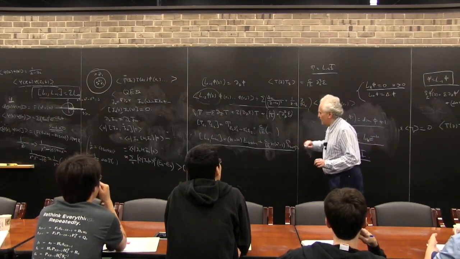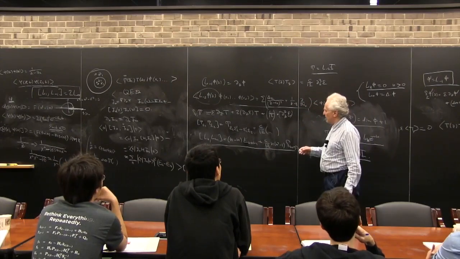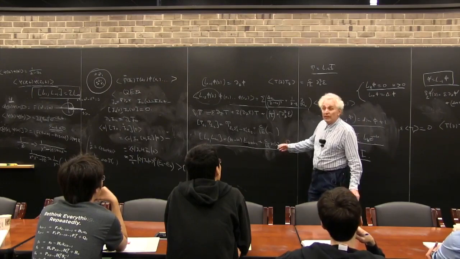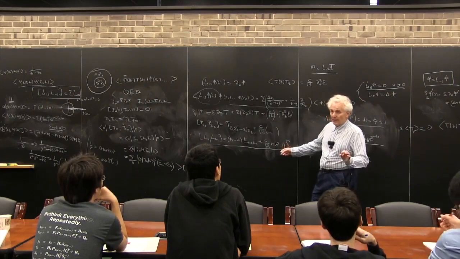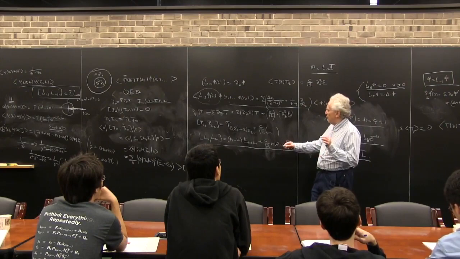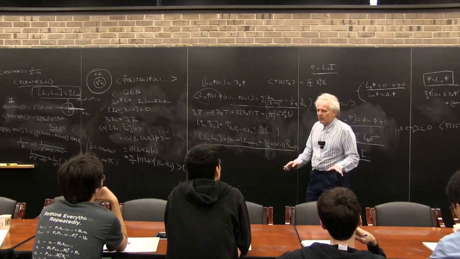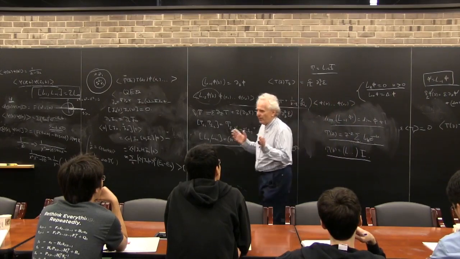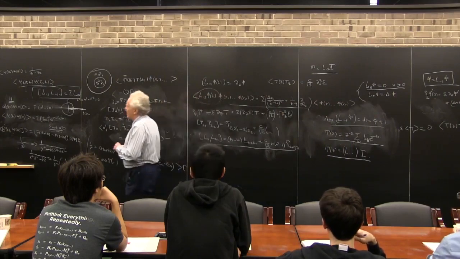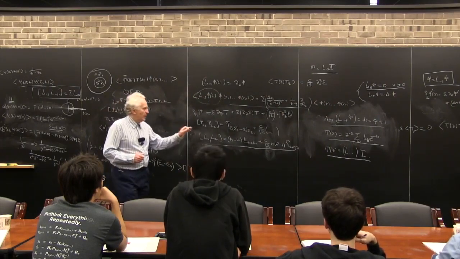Gelfand and Fuchs derived it, and it's unique. That's what I'm saying. If you try something else, it will not work. Why? What will fail? The Jacobi identity, yes.